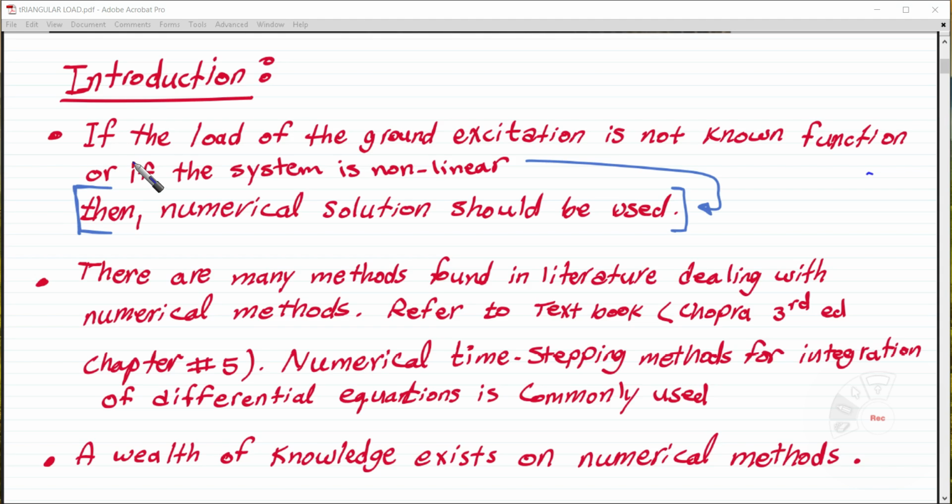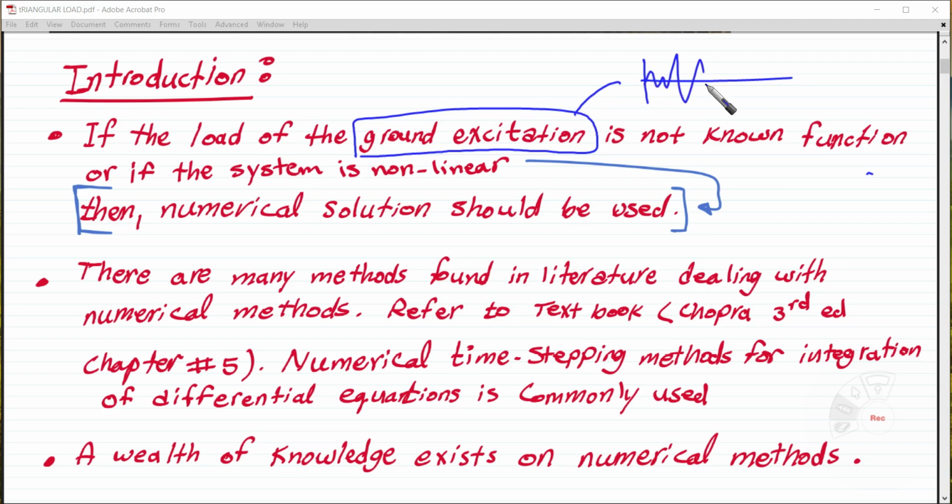There is something that I want to highlight before the beginning of this video: if we have a ground excitation, of course, that is going to be for an earthquake, for example, in this case we do not know the function.